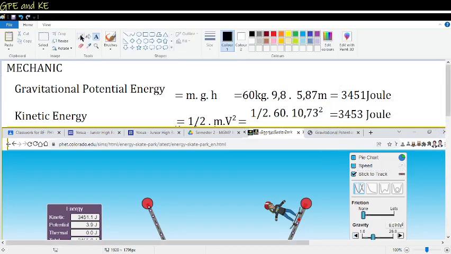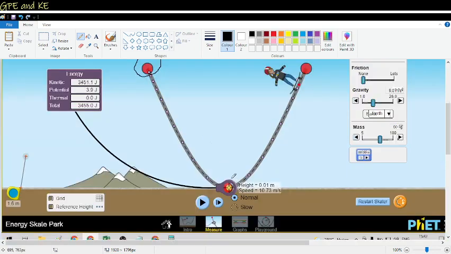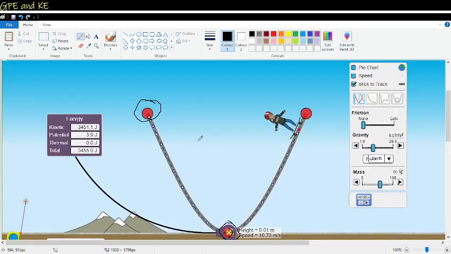As you can see, the energy is different because of the round off. In the ideal condition the energy should be the same. So all the potential energy here will be converted to the kinetic energy here.